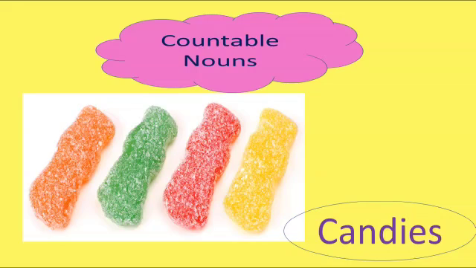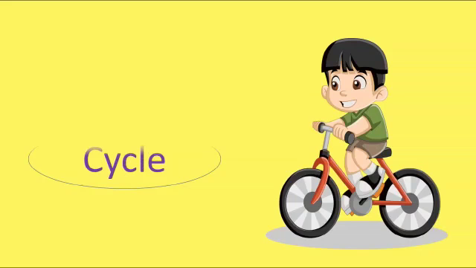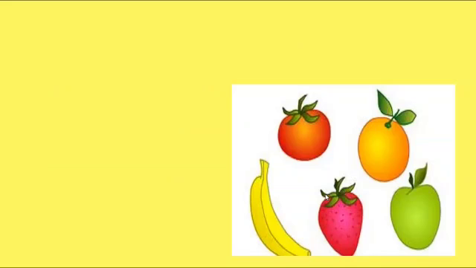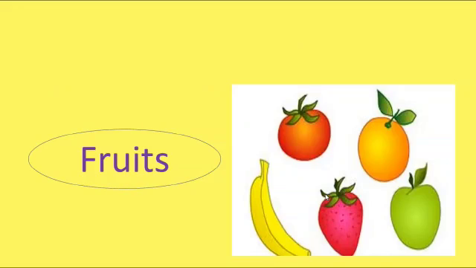Next is cycle. Count with me 1 cycle. This is also a countable noun. Next, fruits. Count with me 1, 2, 3, 4, 5. Yes, you are right.